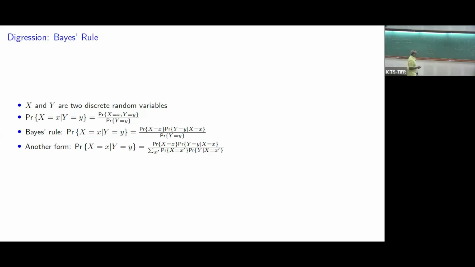And you can also express the Bayes rule in a different way. If you look at this denominator here, this is the probability of Y equal to y. This probability can be written using the total probability rule. We had studied this total probability rule before, like this. Okay. So here, the important thing to understand is that if you look at the event that x takes a value, say x1, and another event that x takes the value x2, then those two are disjoint events.